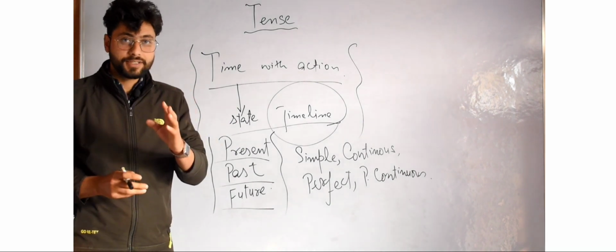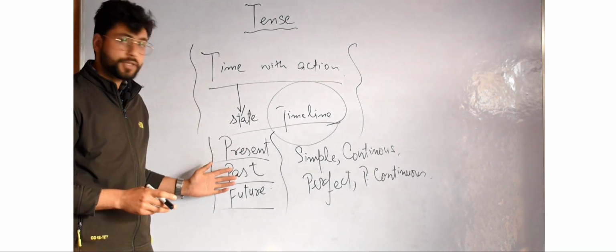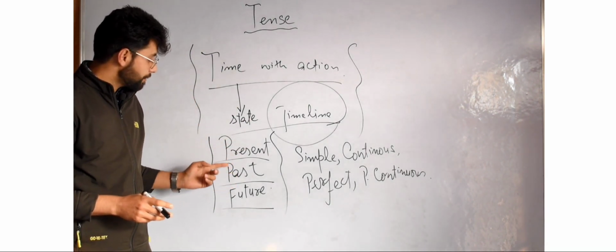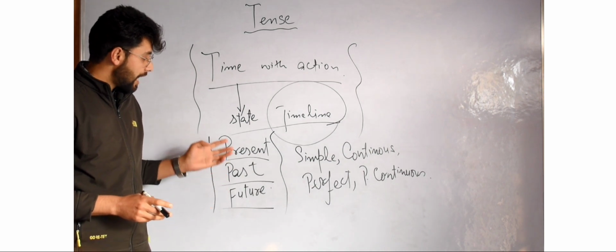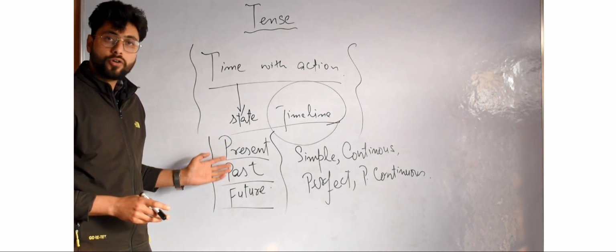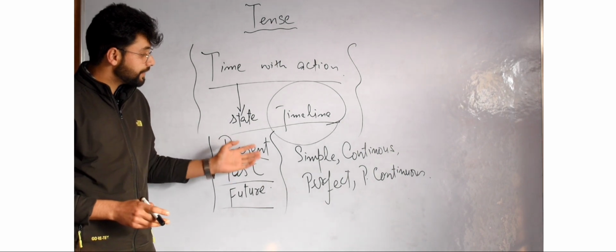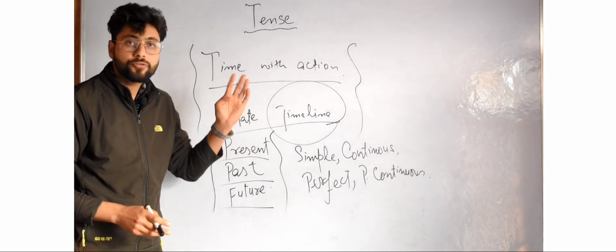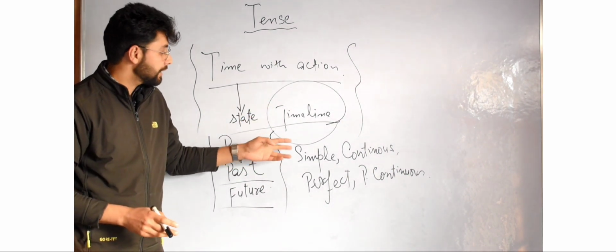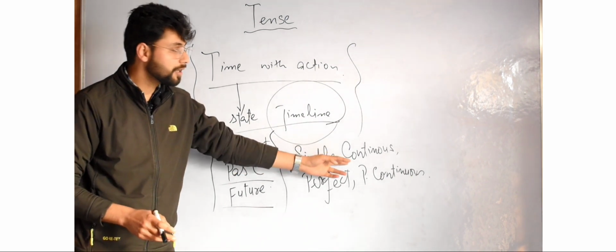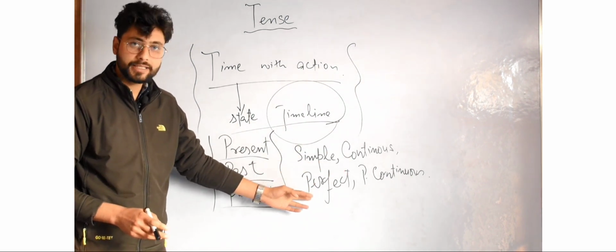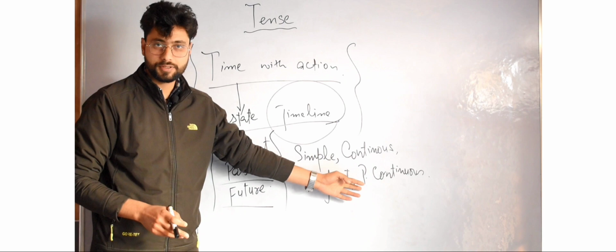So first I said there are three types of tenses: present, past, and future, and each of them is divided into four aspects. These are simple, continuous, perfect, and perfect continuous.